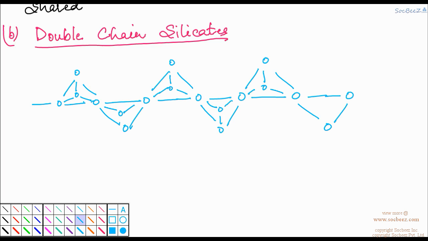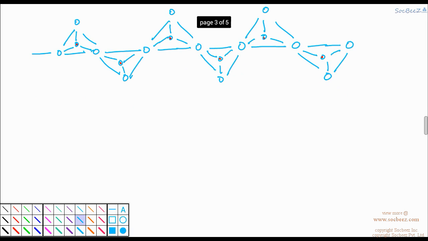You draw one simple chain silicate, and the atoms present over here are silicon atoms. Now what you do is join one simple chain silicate with another simple chain silicate.